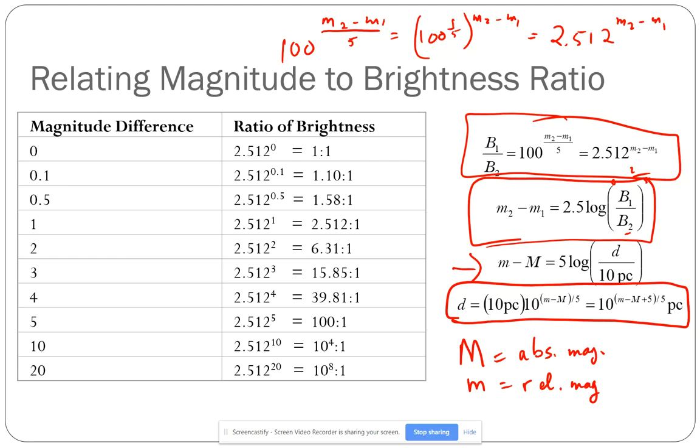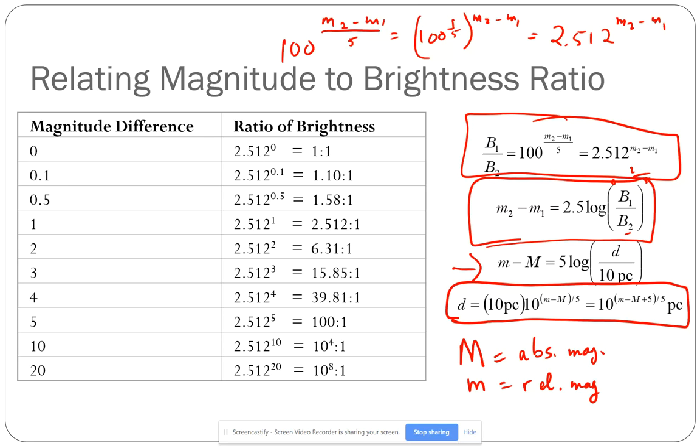All right. Next thing is you should be able to calculate the distance something is away if you know its absolute magnitude and its apparent magnitude. So notice it's 10 parsecs times 10 raised to the m minus capital M over 5. We can bring this 10 in here and just raise the exponent by 1.